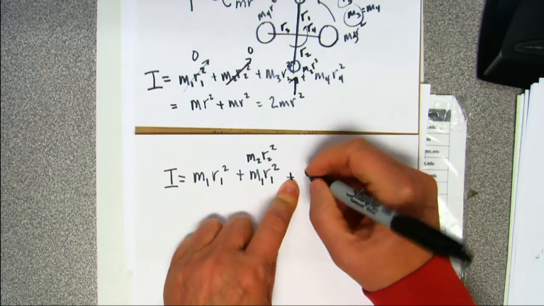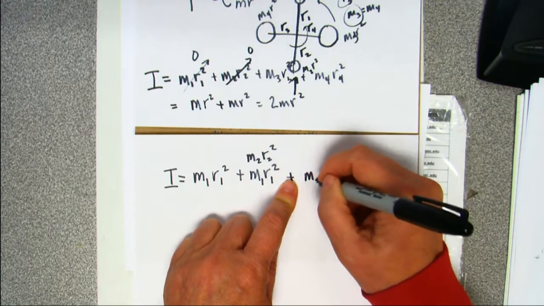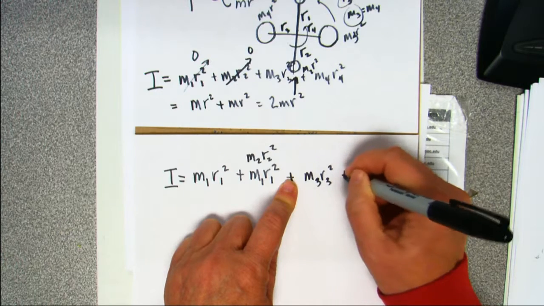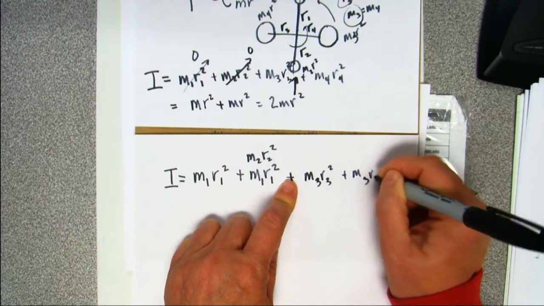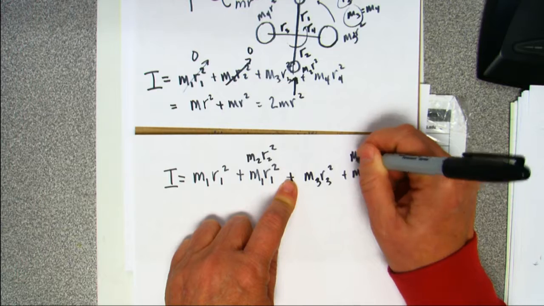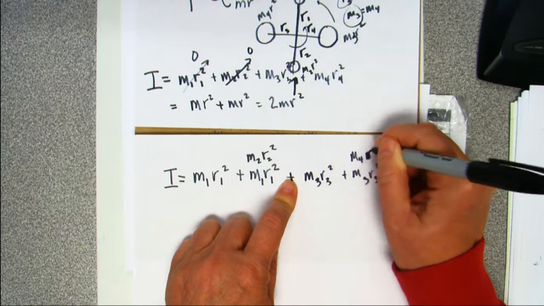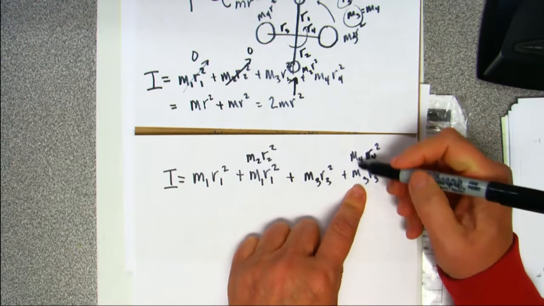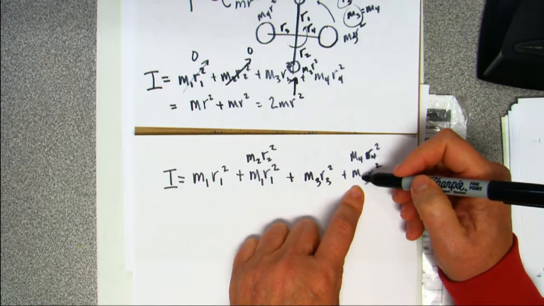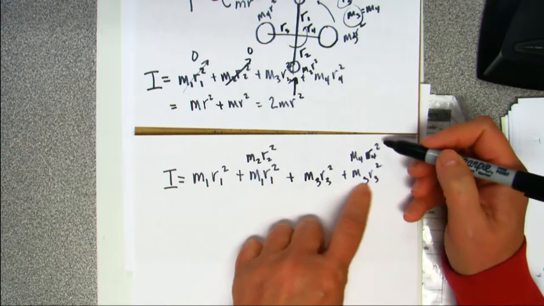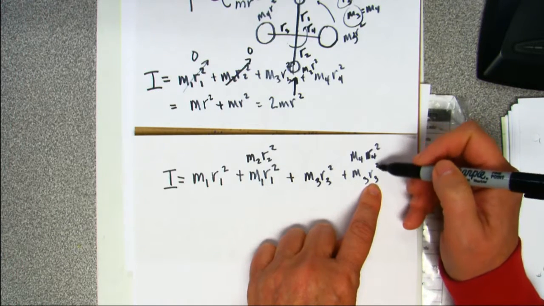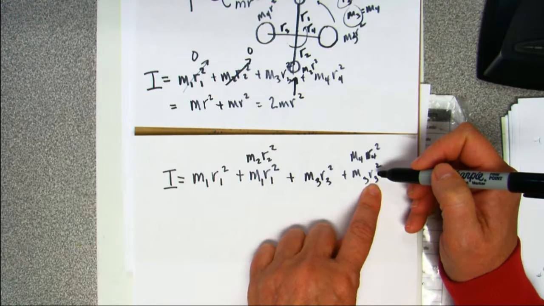So now I'm going to do the other side, and that was M3 R3 squared plus M3 R3 squared. This comes from the fact that M4 and M3 are the same, so I'm going to use M3. R4 and R3 are the same, so I'm going to use R3.